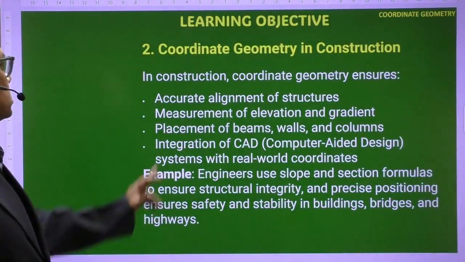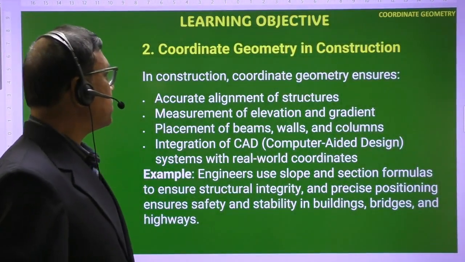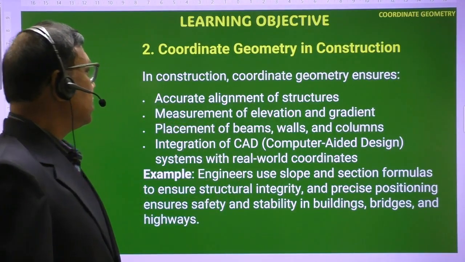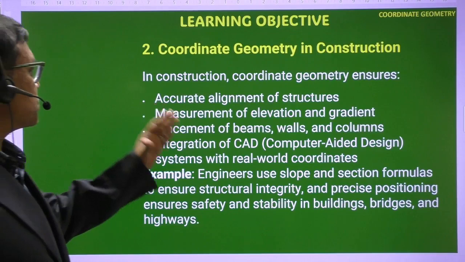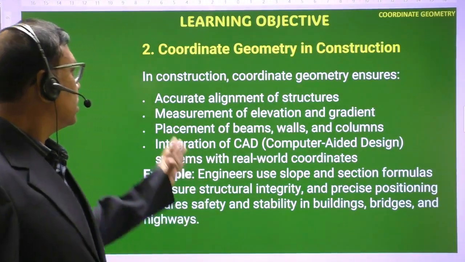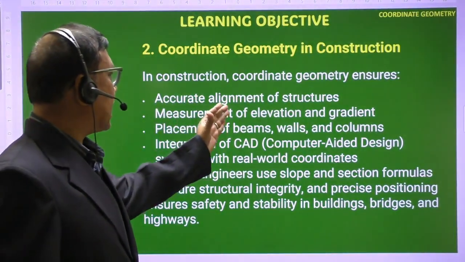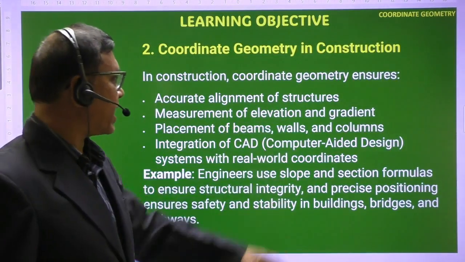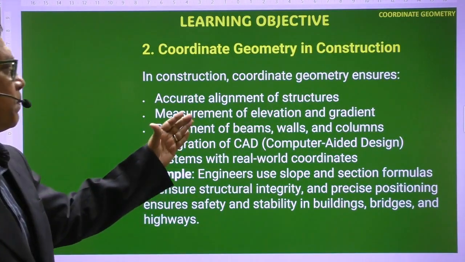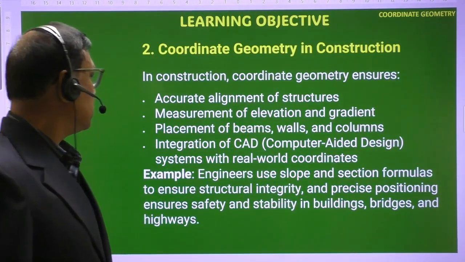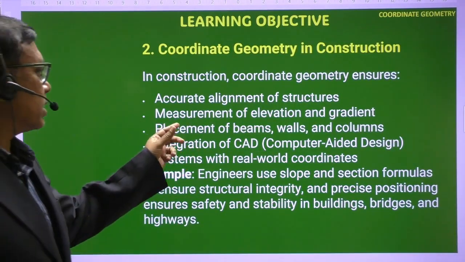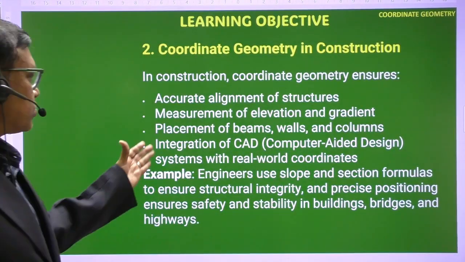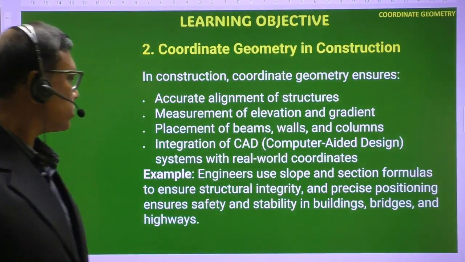Now, second point, coordinate geometry in construction. See how coordinate geometry helps us for construction. Say accurate alignment of structures, measurement of elevation and gradient, placement of beams, walls and columns, integration of CAD, that is computer aided design systems, with real world coordinates.